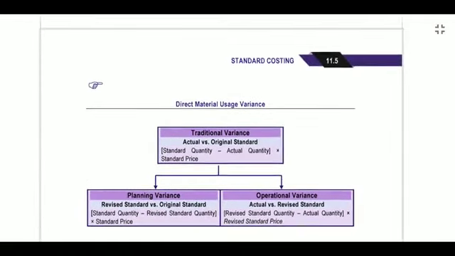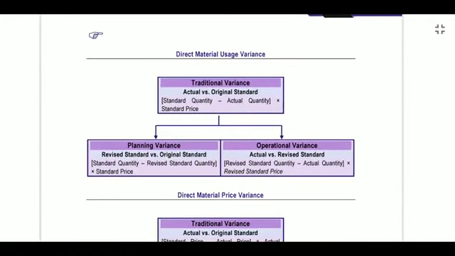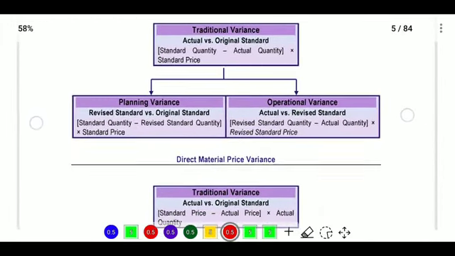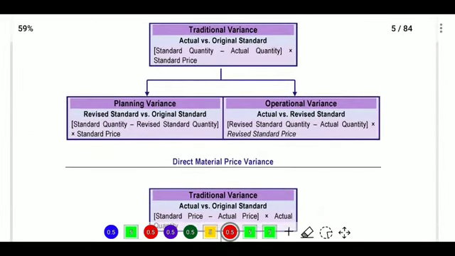Now, we have material variance, labor variance, overhead variance, fixed overhead variance and sales variance. First we are seeing material variance. For material variance we have three variances. One is traditional variance. What is the traditional variance? In traditional variance we will see actual versus original.